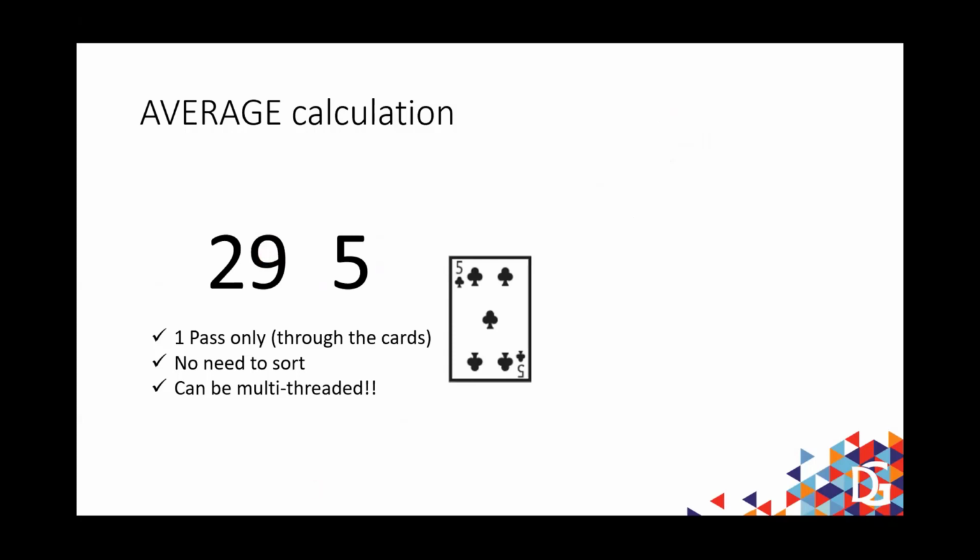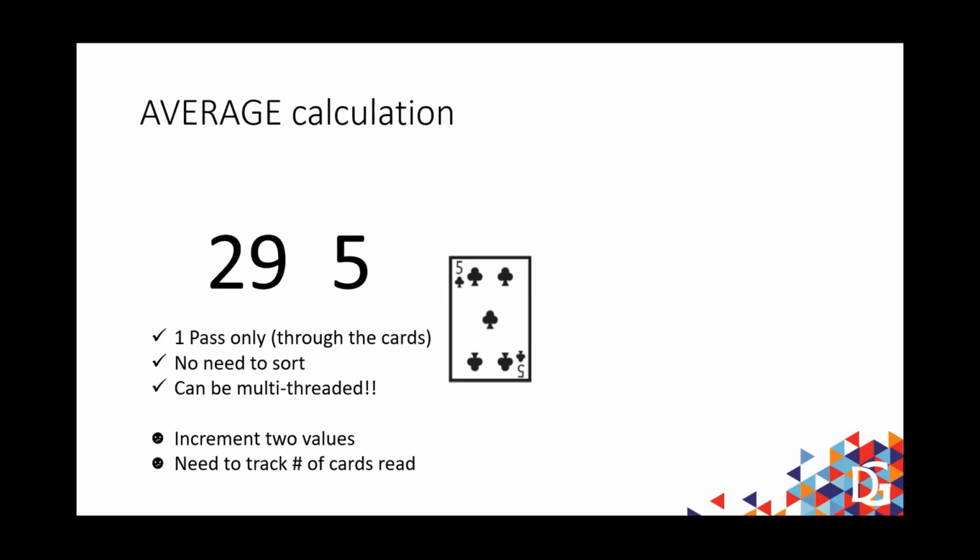This operation again could be multi-threaded. Would use slightly more memory. The downside, and this is not really much of a downside, is that we needed to increment 2 values or keep track of two values, and this is memory. And also, we needed to keep track of the number of cards read, which is not really a downside.